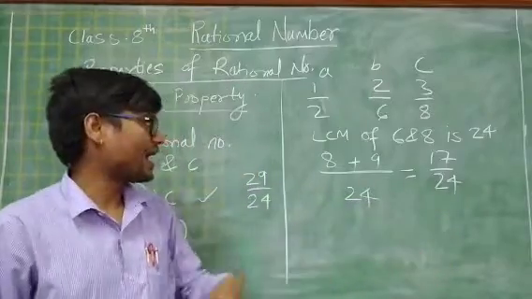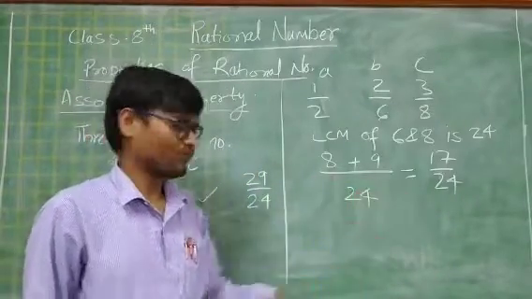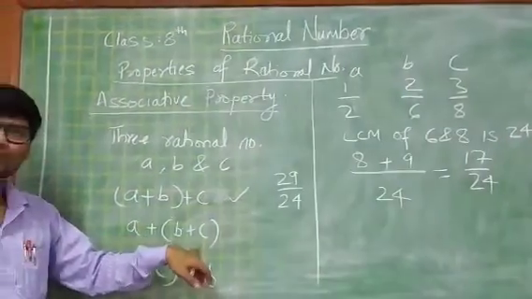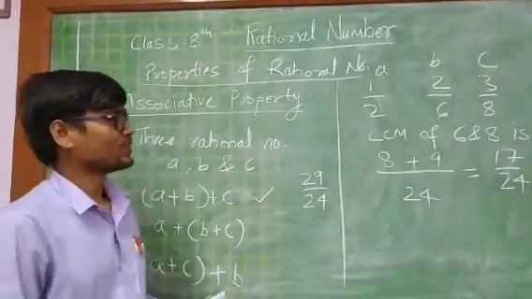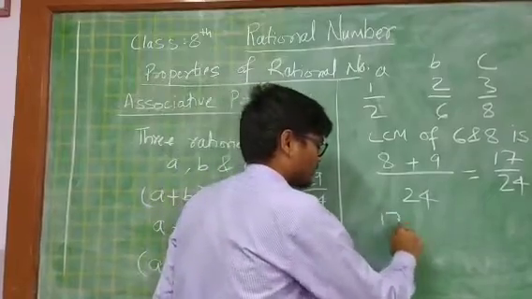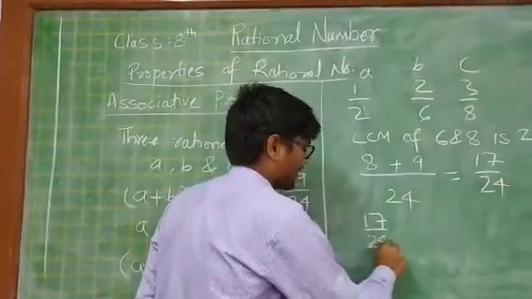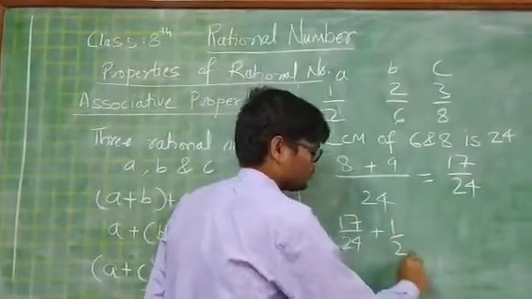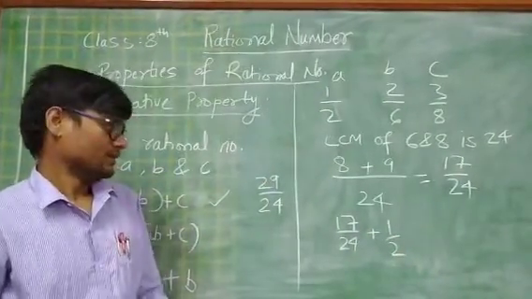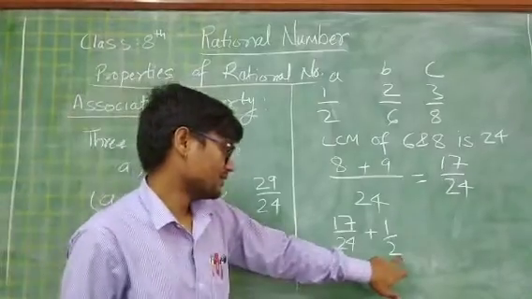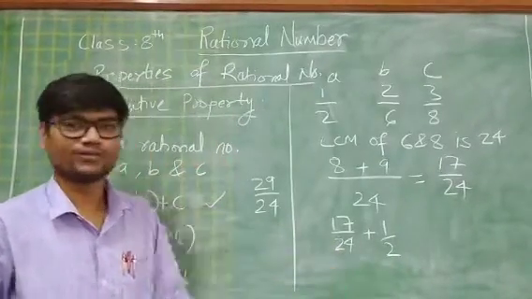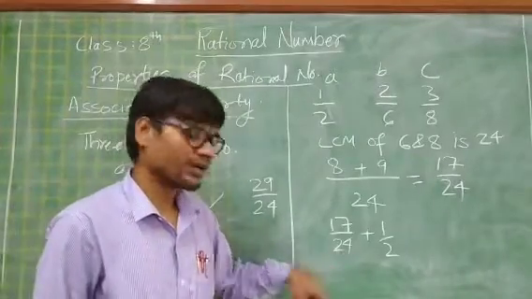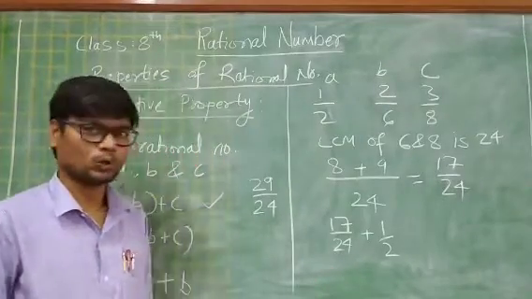I am going to add a to the sum of b and c. So the sum of b and c is 17 by 24 and I am going to add 1 by 2. The LCM of the denominators 2 and 24 is 24 because 24 is a multiple of 2.